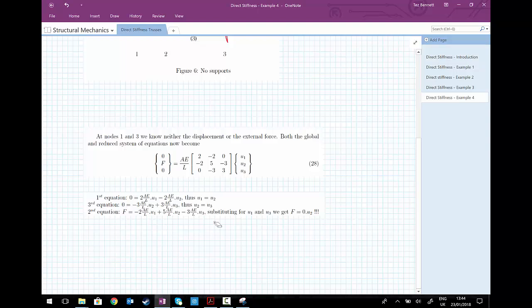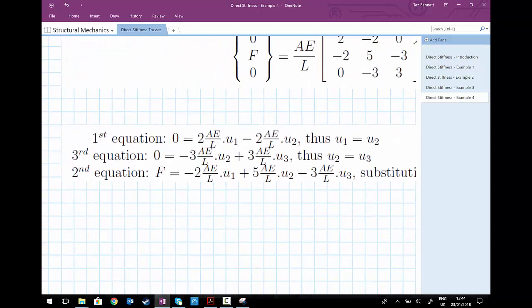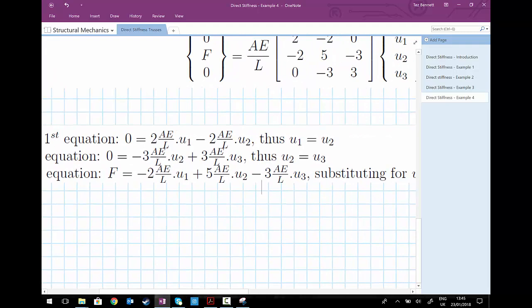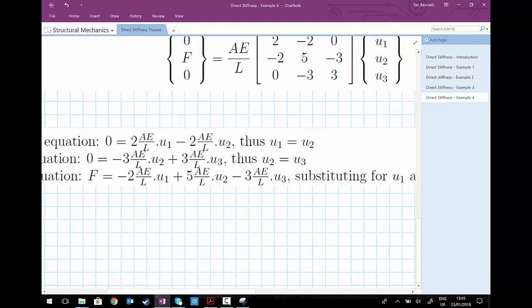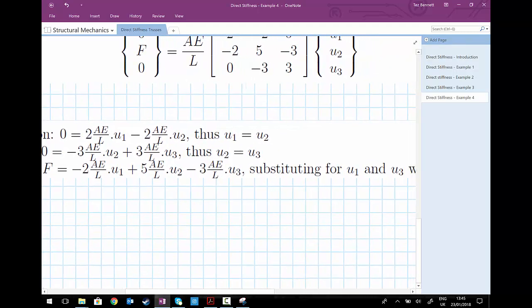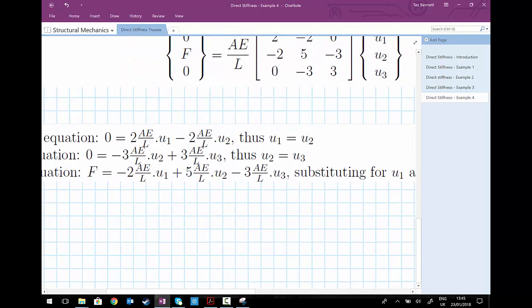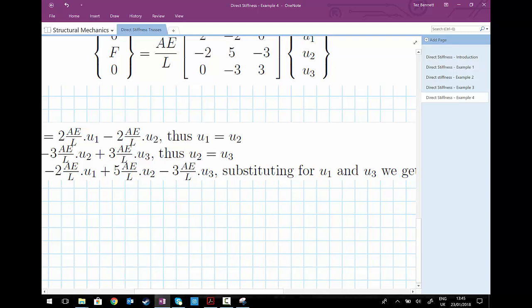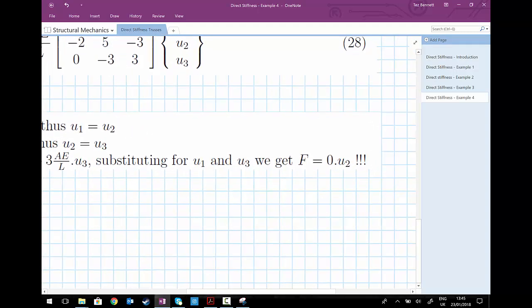However, when we go to the second equation, let's write it out and zoom in a little bit closer. We get F, the external force applied, equals minus 2AE over L multiplied by U1, plus 5AE over L multiplied by U2, minus 3AE over L multiplied by U3. Now we know that U1, U2 and U3 are all equal, and we can substitute that in.